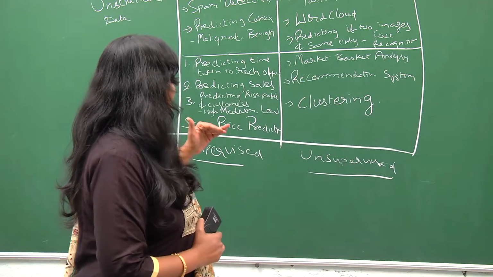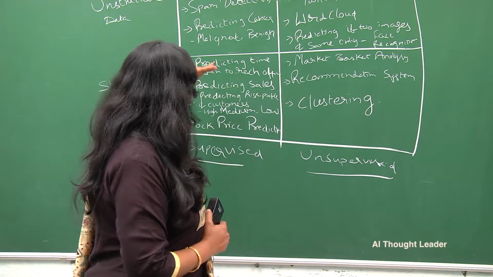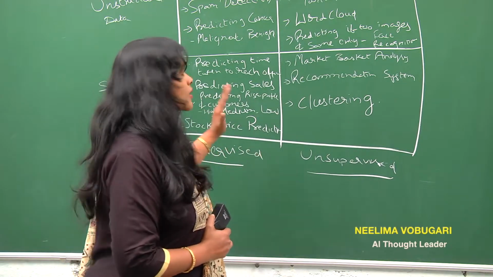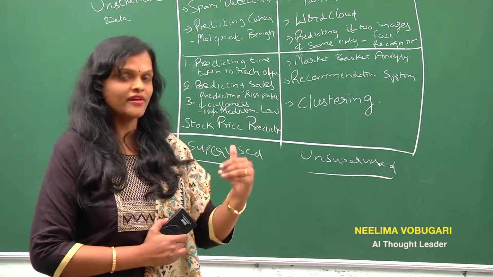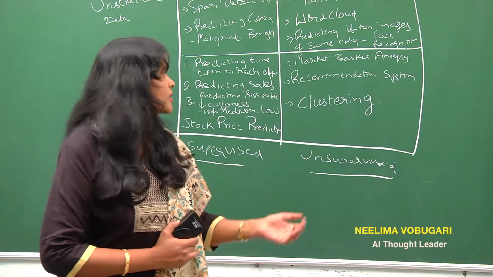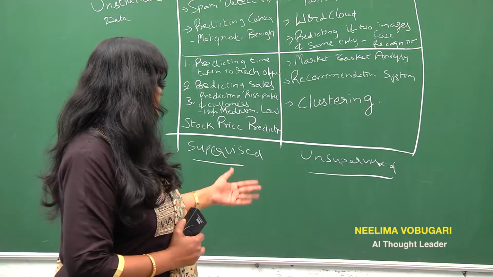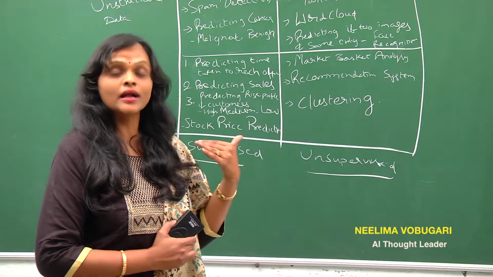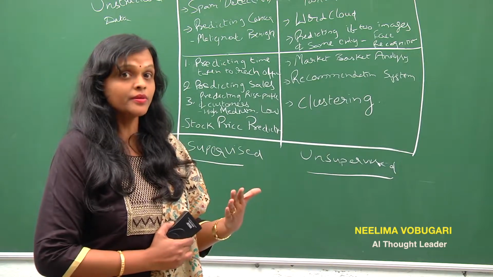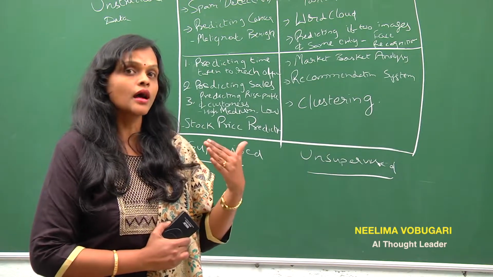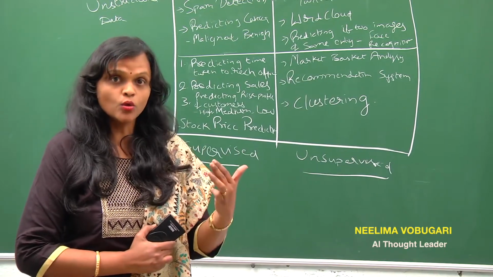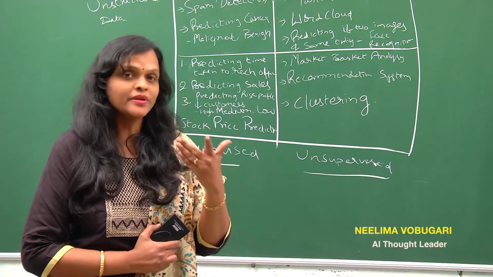The classical examples in supervised structured data are wherever there is a prediction of a labeled value. It can be predicting the time it takes you to reach your office, or predicting your business sales. It can even be the risk appetite of your customer, which is low, medium or high, because there are 3 predefined values.